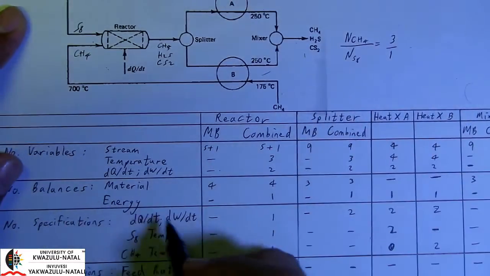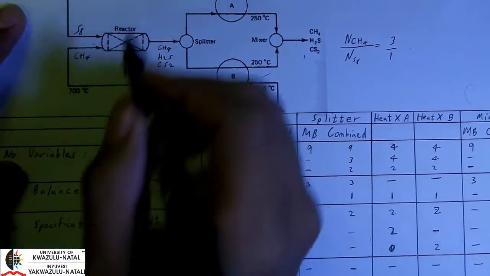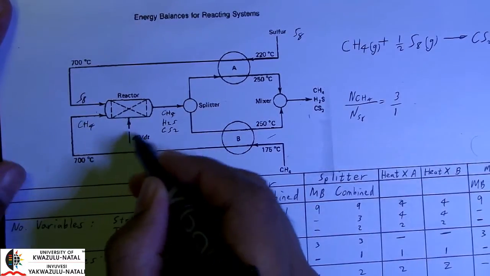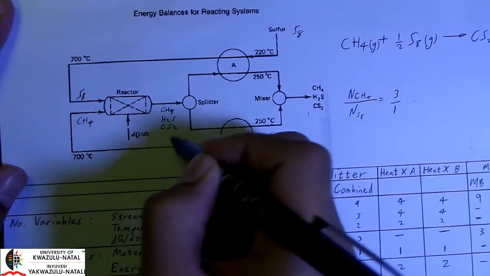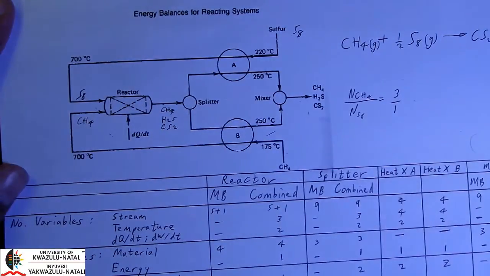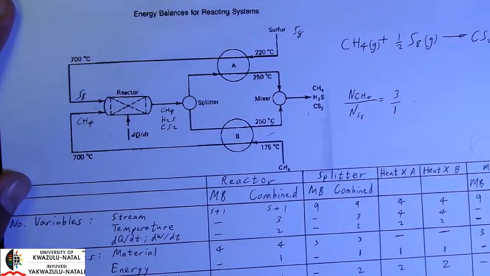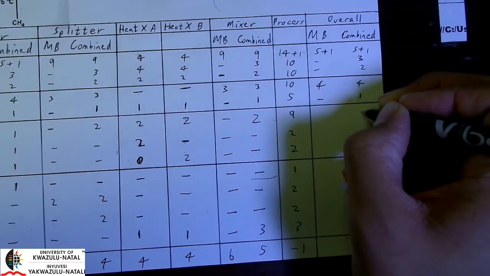Okay, in terms of my specifications, dq dt cannot be 0 because we are told that the reactor dq dt is not 0 and we need to actually find that. However, my dw dt over the entire process is 0 because it's 0 for each and every unit. So I have 1 specification here.